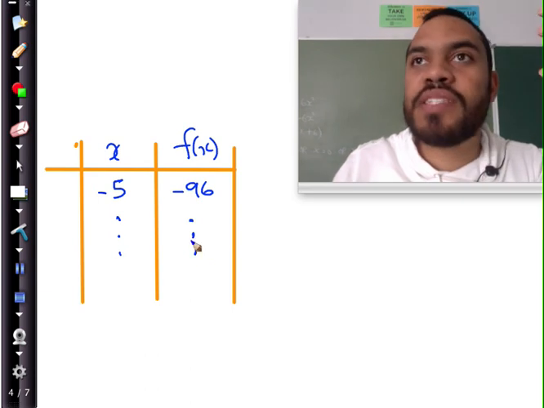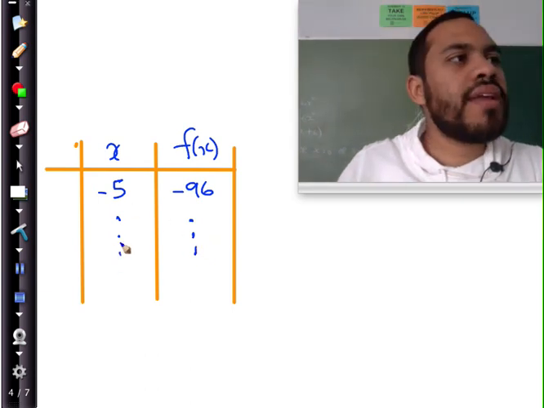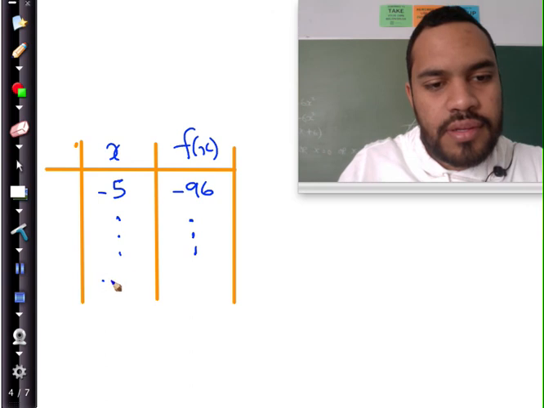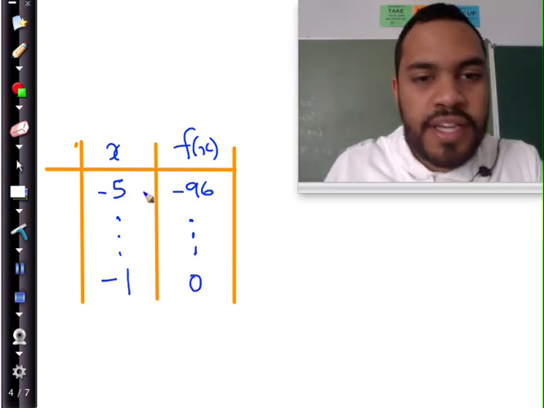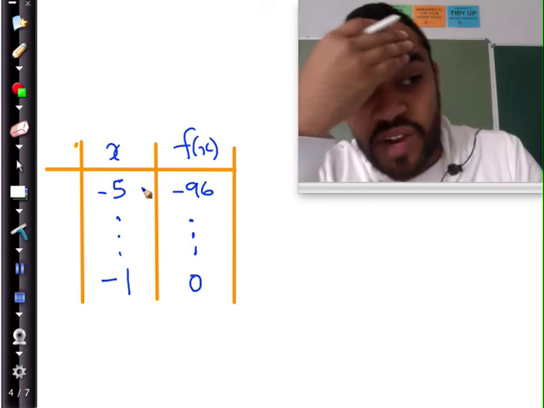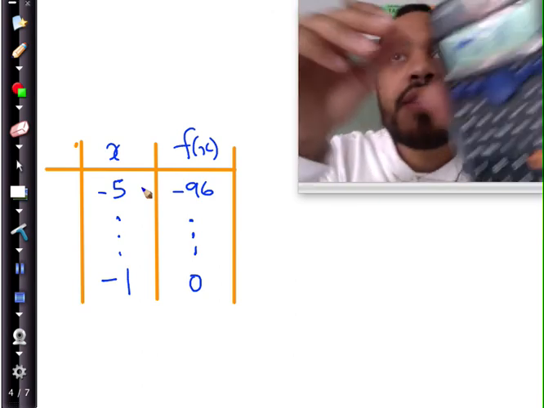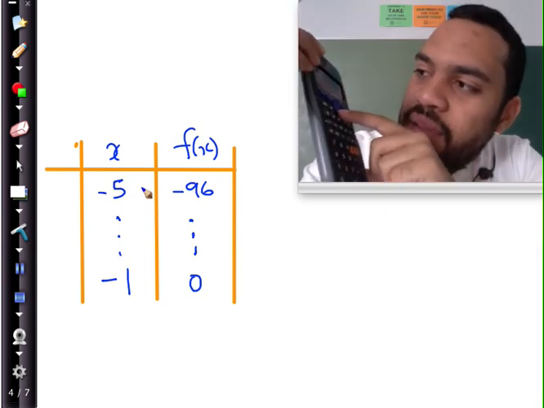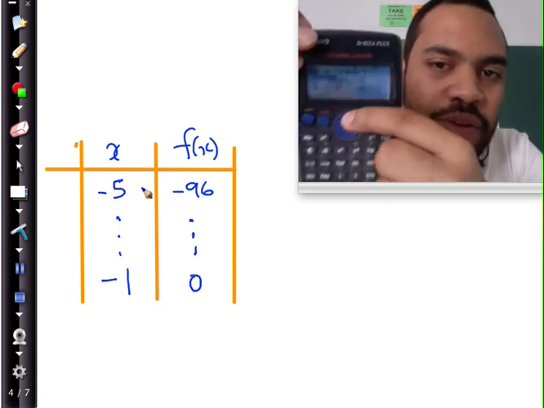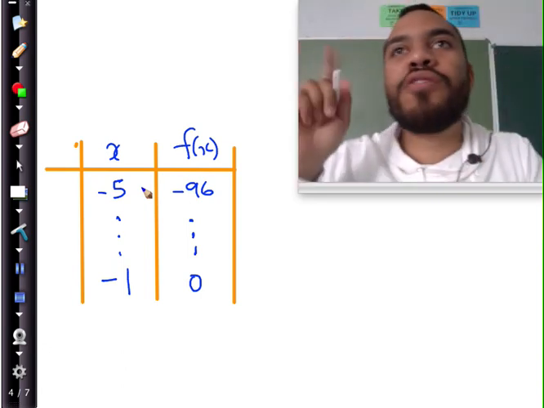So these dots mean it continues. And I've got negative 1 and 0, right? Okay, so good question there from one of our WhatsApp subscribers. They wanted to know, if you go all the way down, there's nothing coming up at 12, and that's because when we input the function, we ask the calculator to do the following for us.